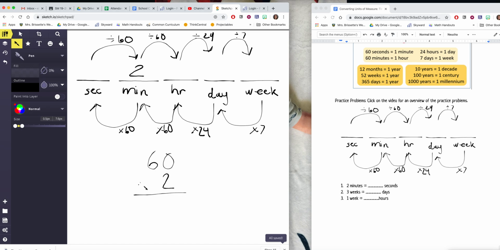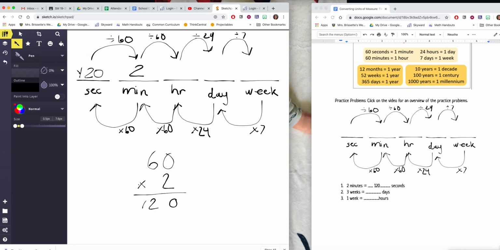Sorry, Lincoln's playing right here. 0 times 2 is 0. 6 times 2 is 12. That gives me 120 seconds. And then in my answer sheet, which you are welcome to be completing in the computer as well, you would type in 120.